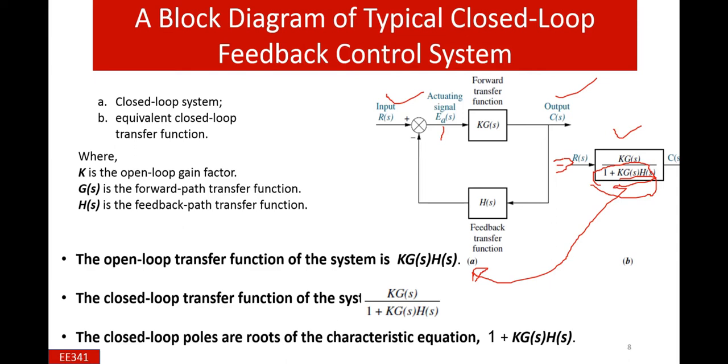But if K is not equal to 1 and the feedback transfer function is not equal to 1, then the open loop transfer function is like this one, and this will be helpful to understand the concept of root locus. Usually we draw the root locus when the open loop transfer function is given in terms of K, and this is an important concept. And again, this is the characteristic equation of the closed loop transfer function.